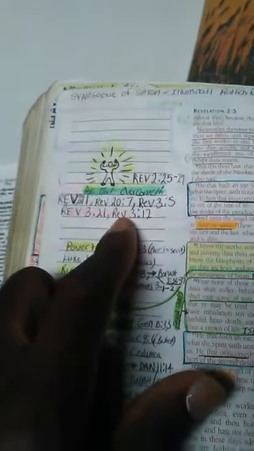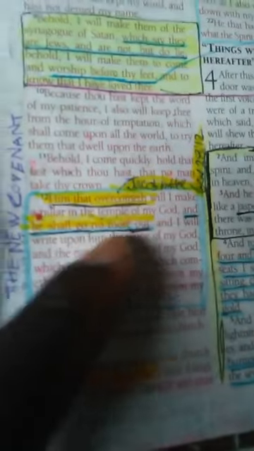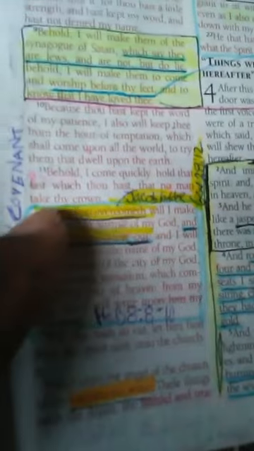Here it is. Revelation 3:12. This is the last one. Him that overcometh will I make a pillar in the temple of my God, and he shall go no more out.